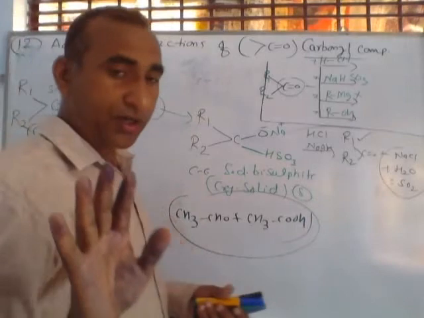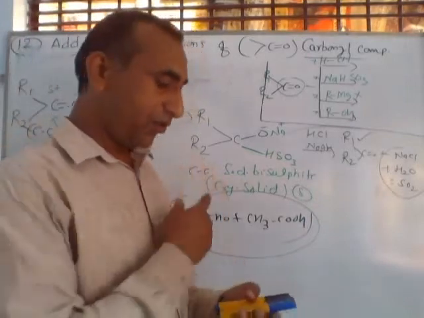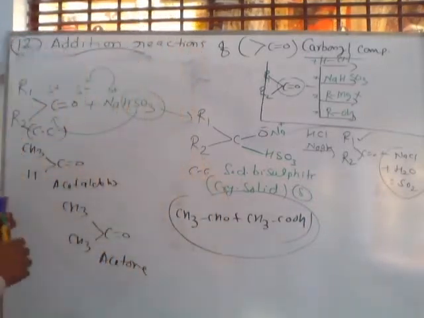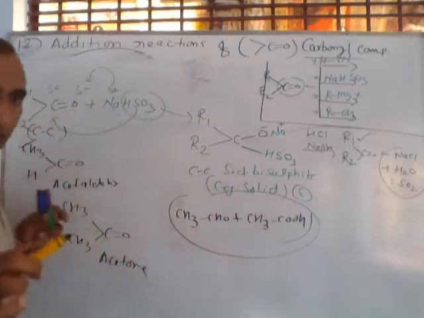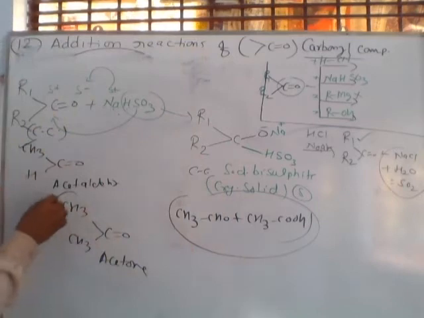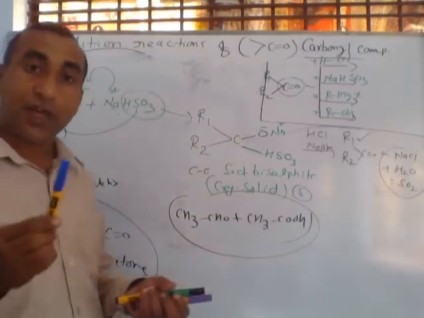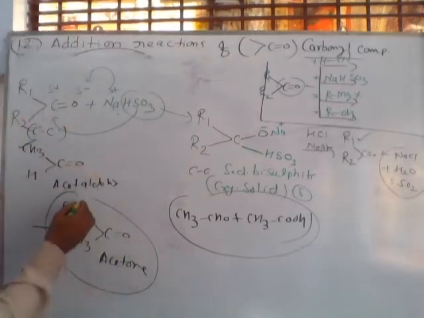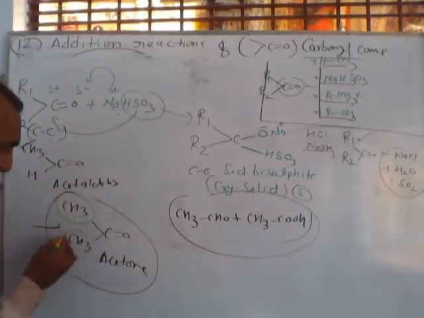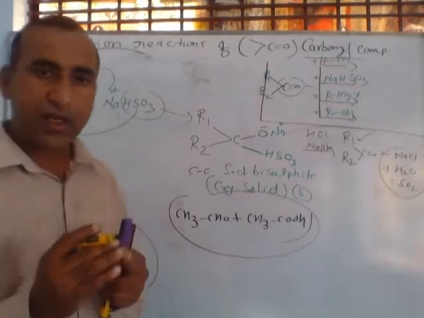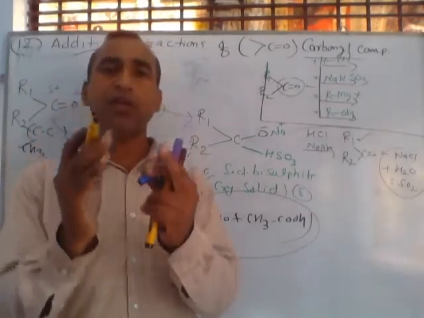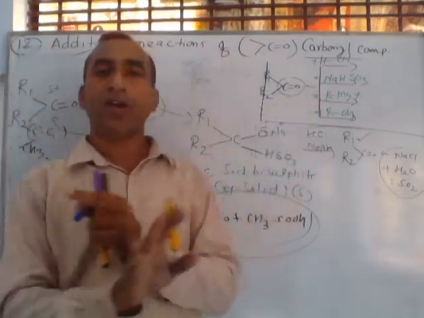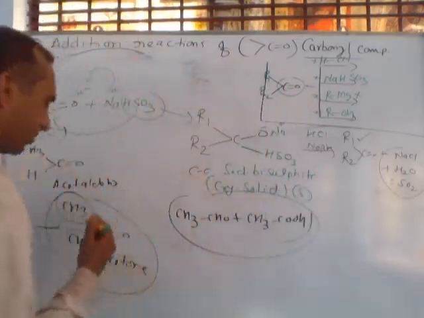Another most important thing to remember for this reaction: all aldehydes will give this type of reaction, but in the case of ketones, acetone will give the reaction. But remember, if instead of these two methyl groups there are large bulky groups like ethyl, benzene ring and propyl, the reaction will not be given by such compounds.